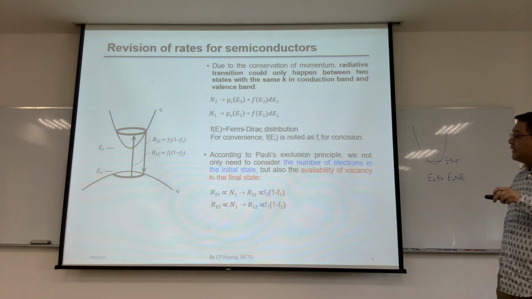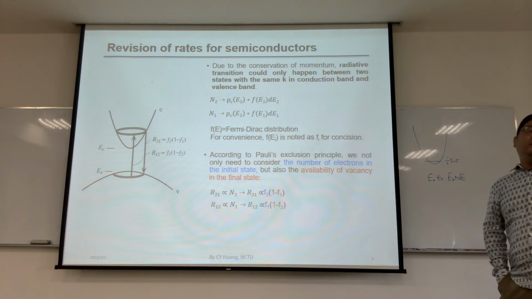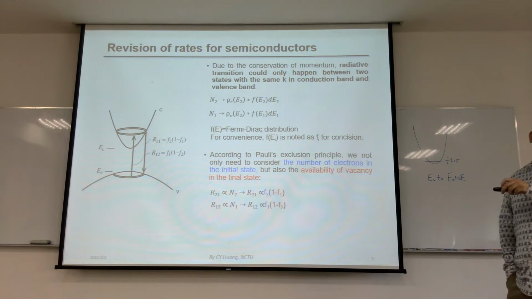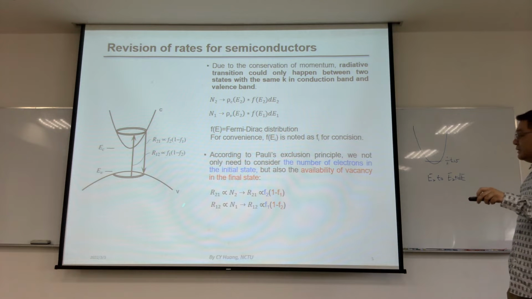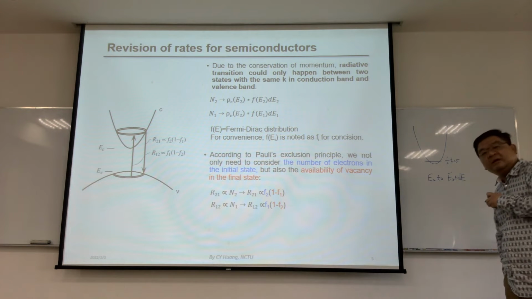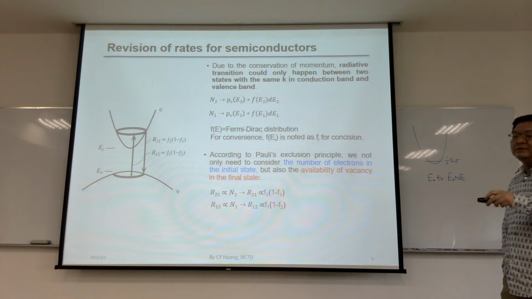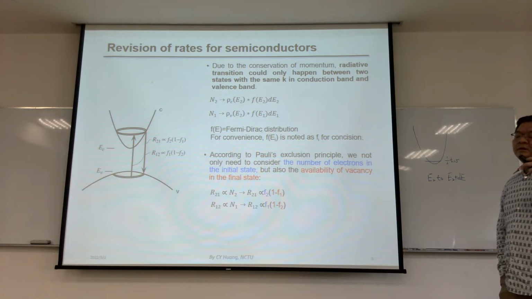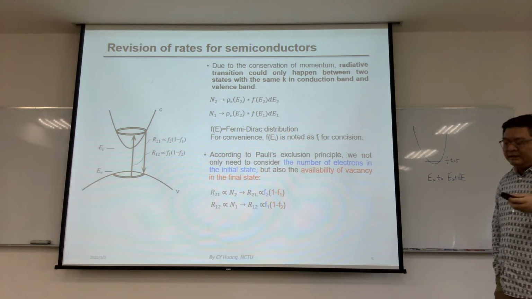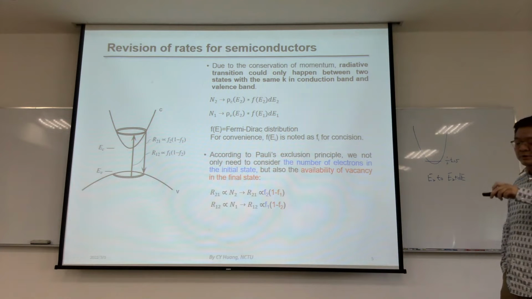Similarly, for the stimulated emission, the initial state is at the high level, so it must be occupied by an electron first. So it will be proportional to F2 times (1 minus F1), since the lower level must be vacant. So that's the first revision of Einstein's AB coefficient approach for a semiconductor scenario.